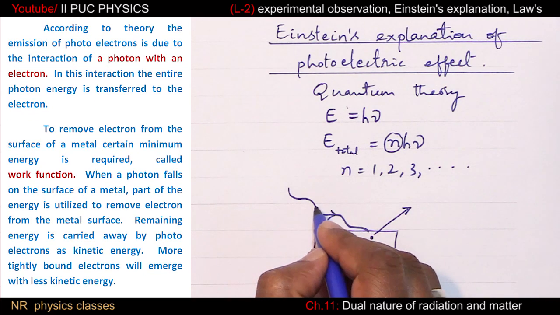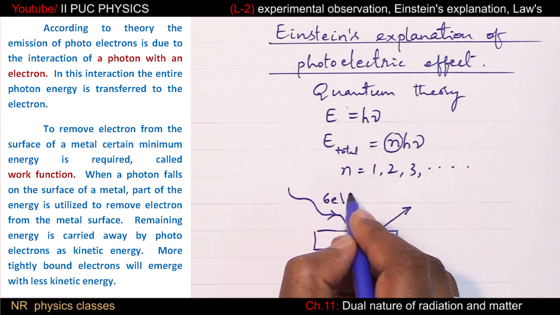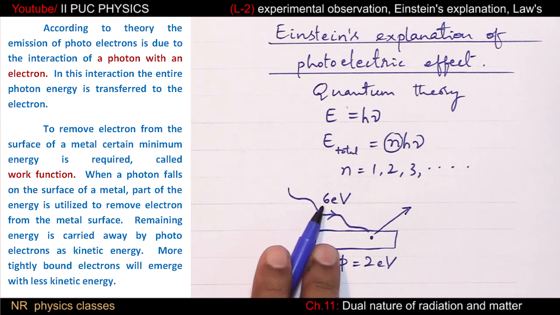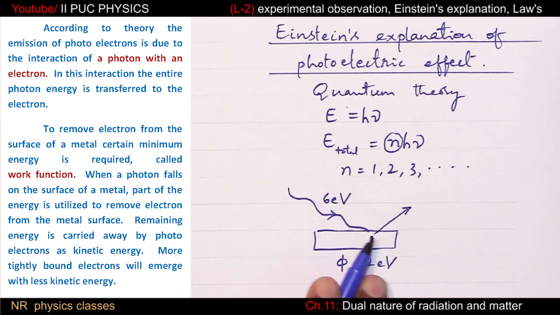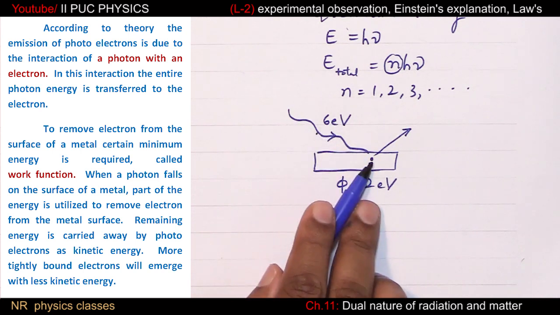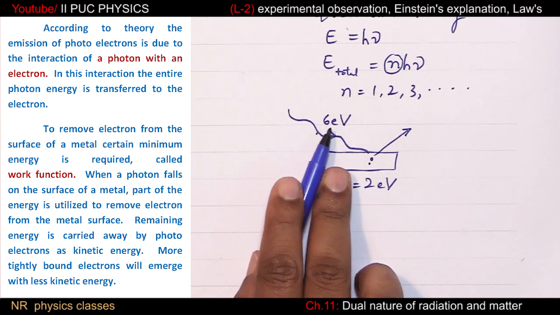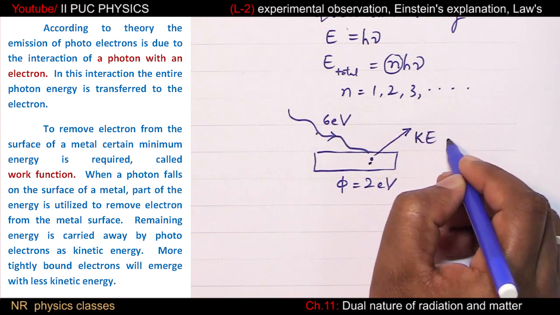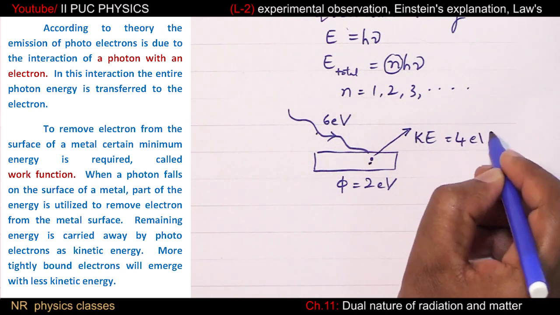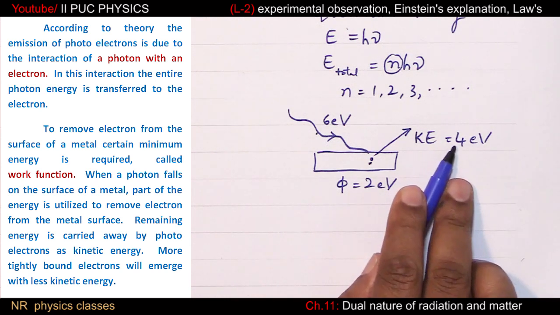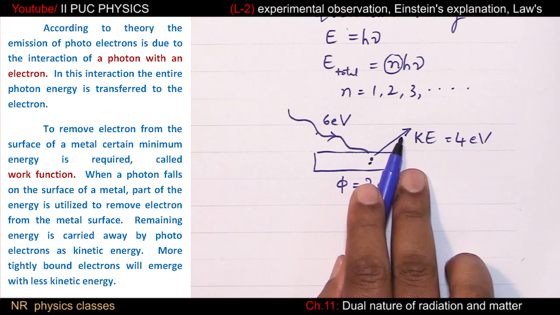Meaning, if the energy of the incident photon is 6 eV and the work function is 2 eV, don't expect this photon to remove 3 electrons just because this energy is sufficient to remove 3 electrons. What Einstein said is, if a 6 eV photon is interacting with this electron, then that photon is completely absorbed by this electron, and the kinetic energy of the electron could be 4 eV. Out of 6, 2 is utilized, remaining is 4 eV. So 4 eV is the kinetic energy of the photoelectrons.